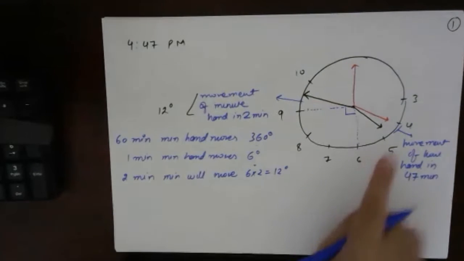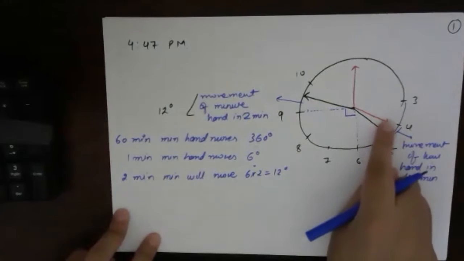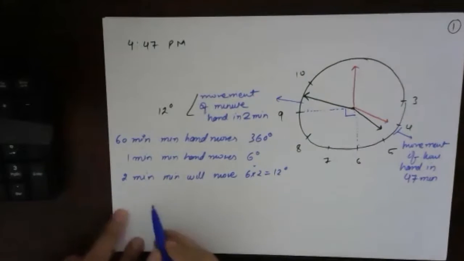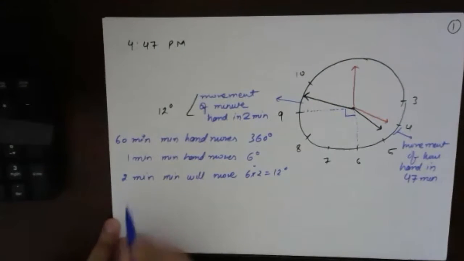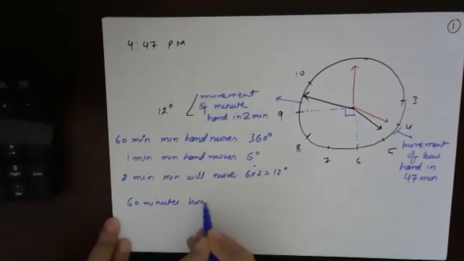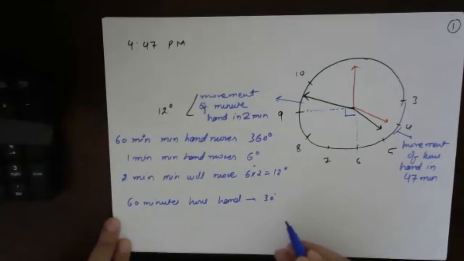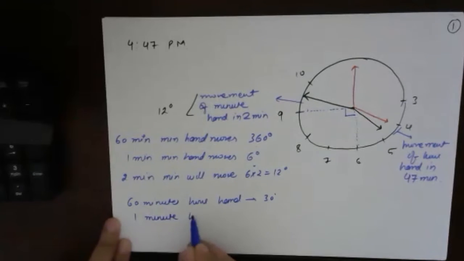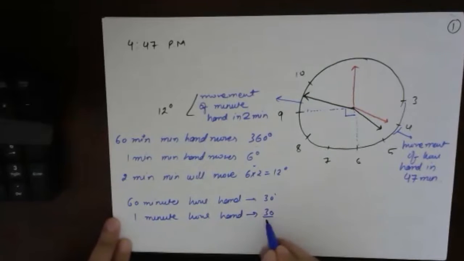Now we have to find this angle. In 60 minutes, we know that the hour hand moves 30 degrees in 1 hour. We calculated it yesterday. So in 1 minute, the hour hand moves 30 by 60, which is 1 by 2 degree.